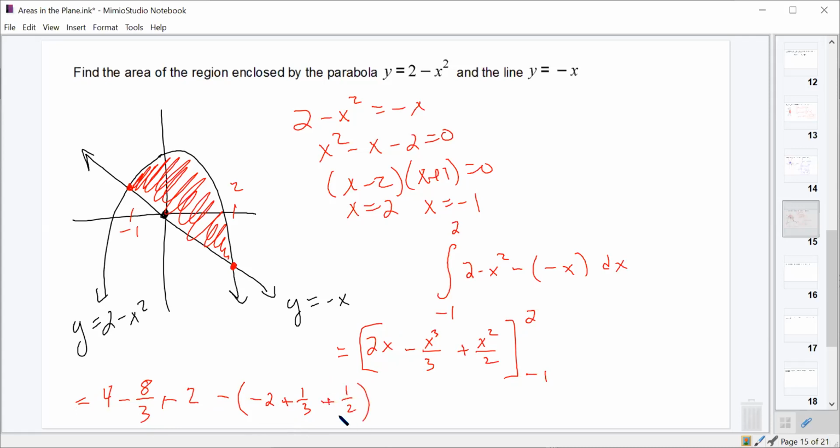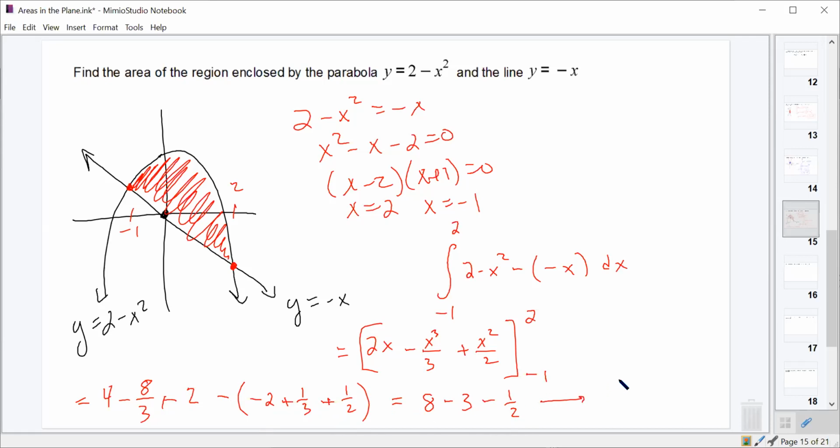Good or no? Good. All right, so simplifying down, we got 4 plus 2 is 6, plus another 2 is 8. And then we got minus 8/3 and minus 1/3. That's minus 9/3 or minus 3. And minus 1/2.